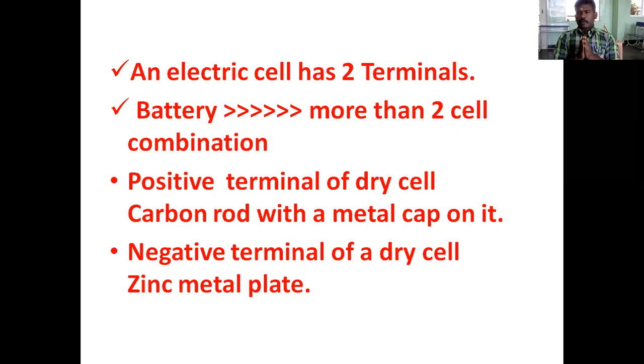And the positive terminal of the dry cell. Now we are going to discuss the positive terminal of the cell and the negative terminal of the cell. The positive terminal of the cell is made up of a carbon rod with a metal cap.